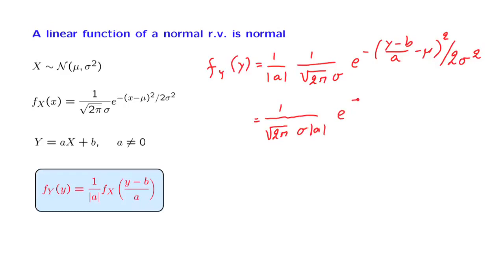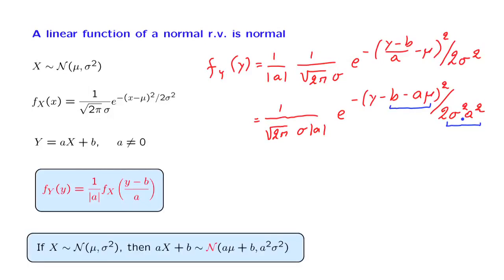And then in the exponent we multiply by a squared the numerator and the denominator, which gives us this form here. We recognize that this is again a normal PDF. It's a function of y. We have a random variable y. This is the mean of the normal, and this is the variance of that normal.